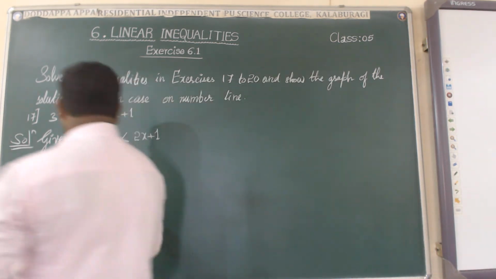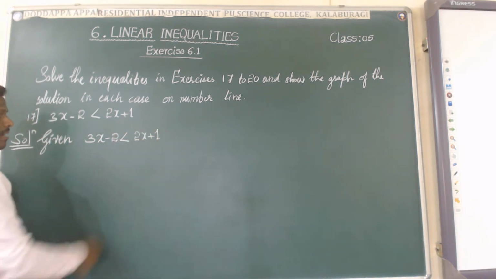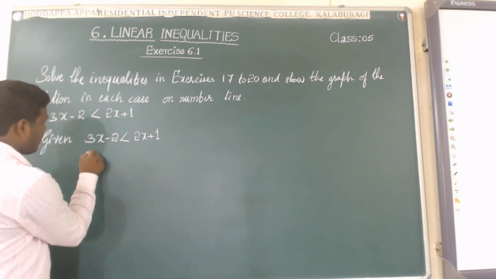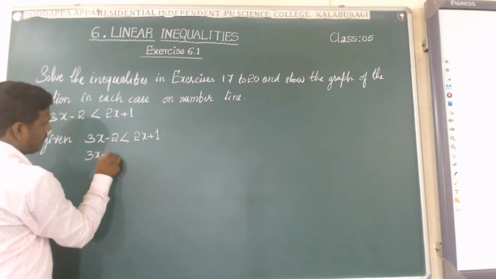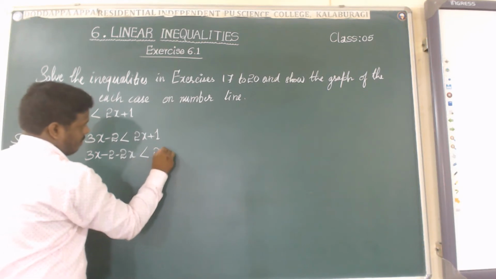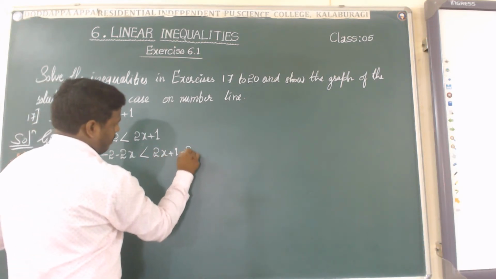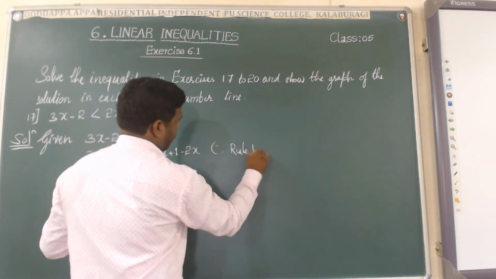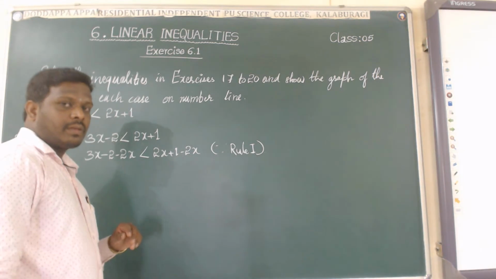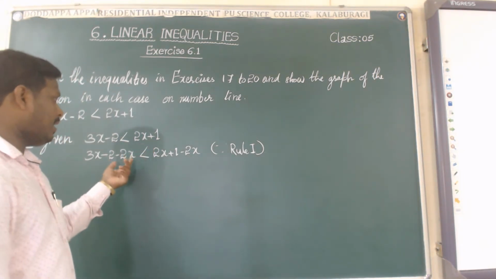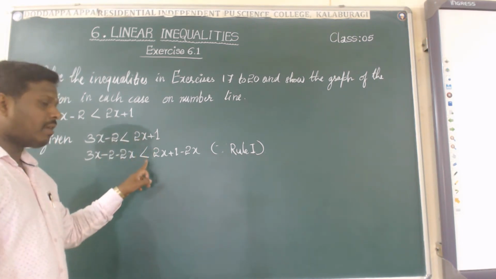I will remove the 2x from the RHS side first, so I use the first rule: subtract 2x from both sides, because by rule one, we can add or subtract from both sides of the given inequality without affecting the sign of inequality.